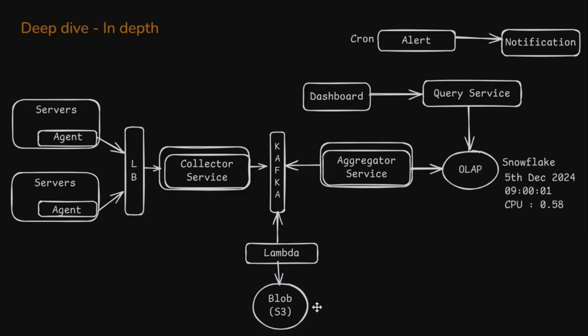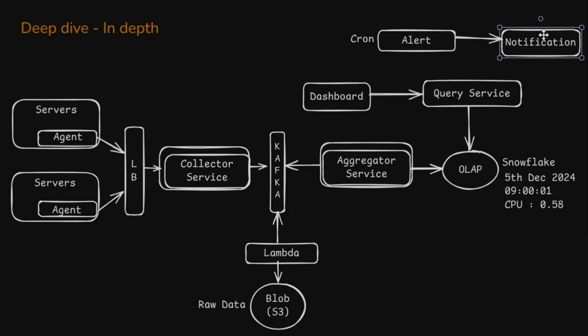Let me call this raw data. Okay. So far, so good. This raw data can be used by the ML team for running the LLM model. And this is the real-time data that is being published in the dashboard.